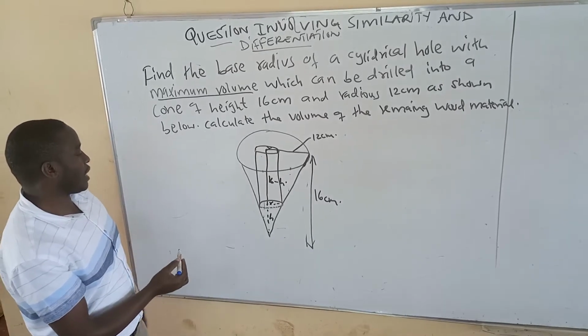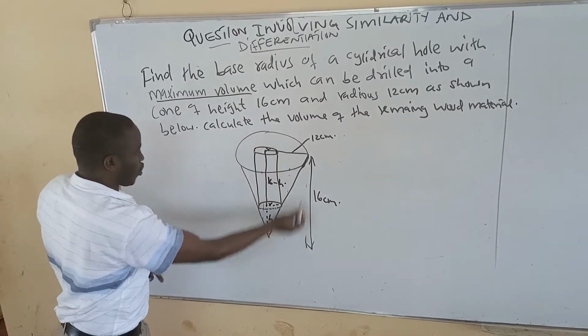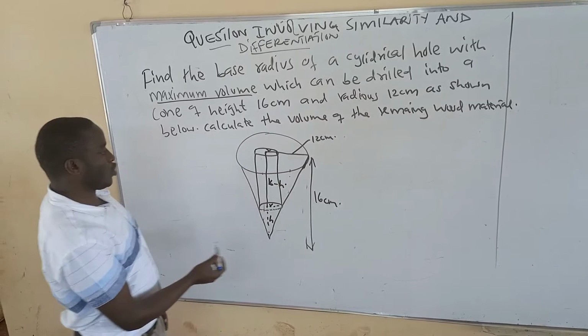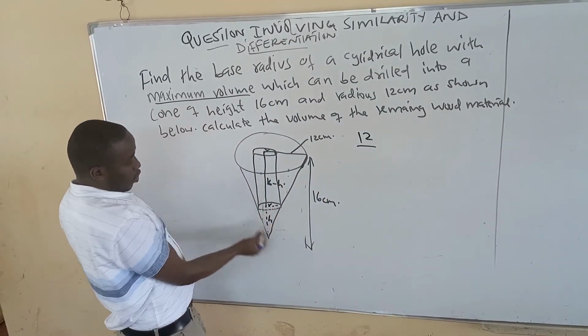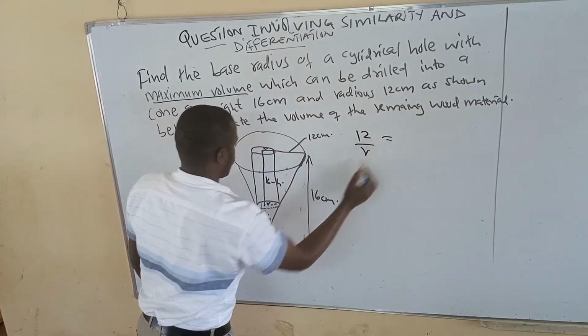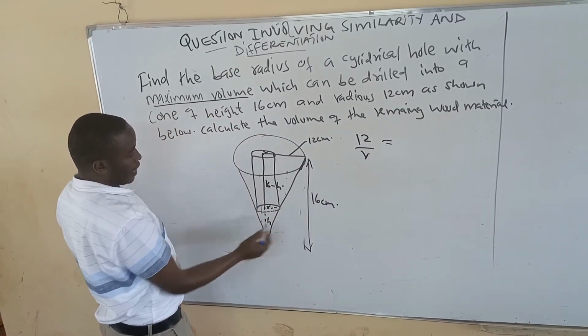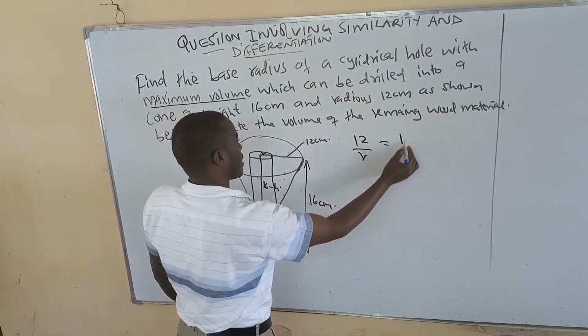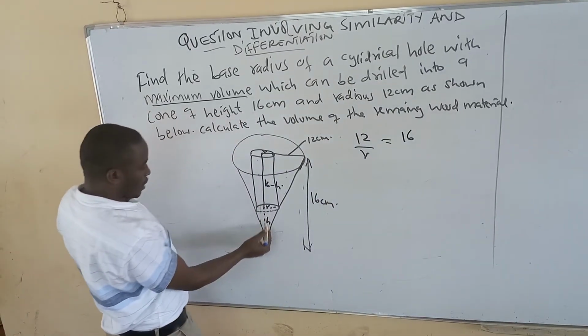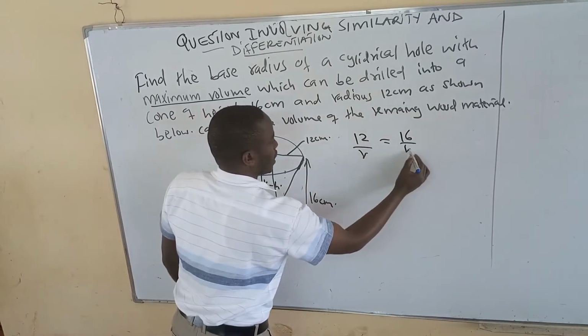If we use similarity and enlargement, the radius of the larger cone is 12, so 12 over the radius of the smaller cone r equals the height of the larger cone, 16, over the height of the smaller cone, h.